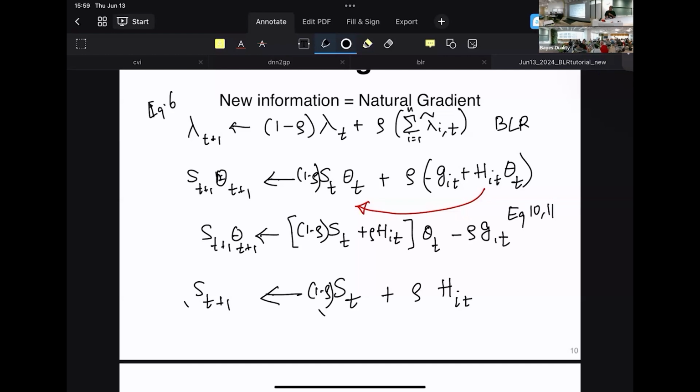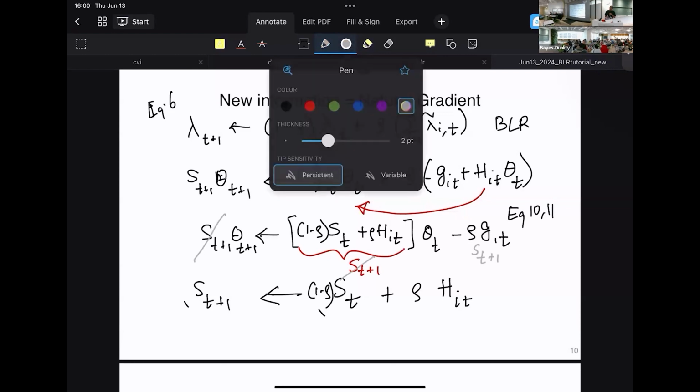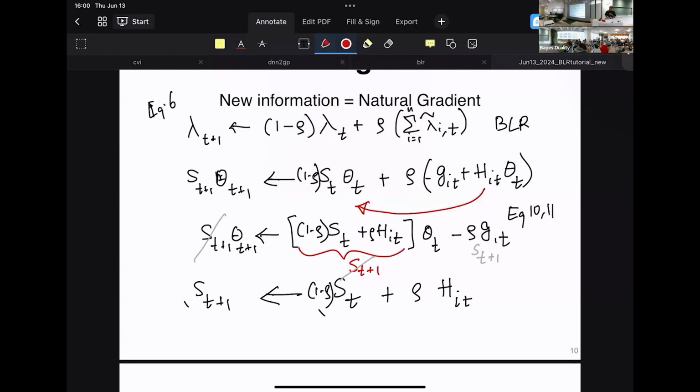I don't know if you see it already, but this is the ST plus 1. So then you do the same thing, you can cancel this, and the ST plus 1 shows up here. So you get an algorithm that we call something like RMS prop, where you have theta t plus 1 equals theta t minus rho times st plus 1 times GIT.